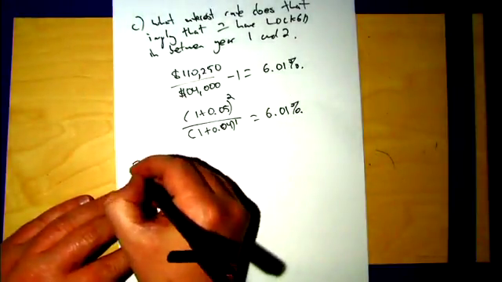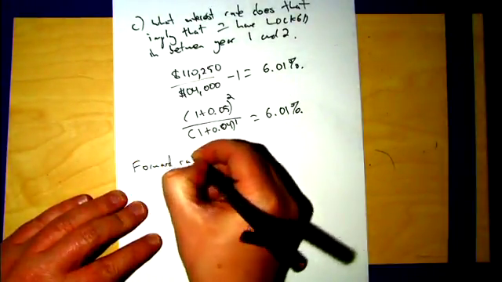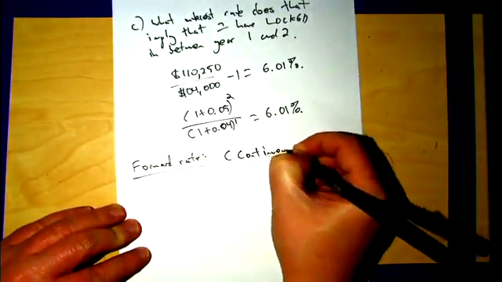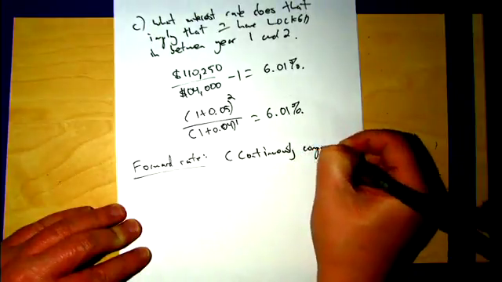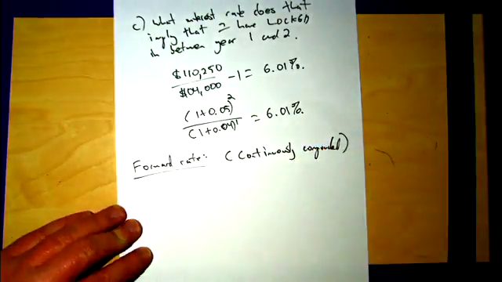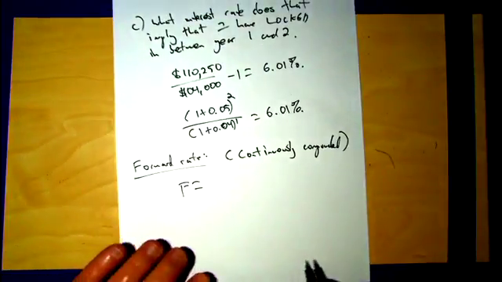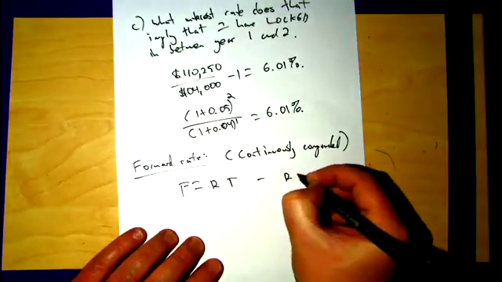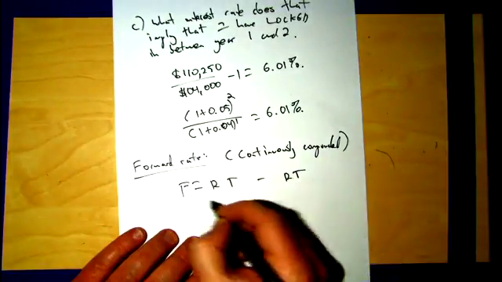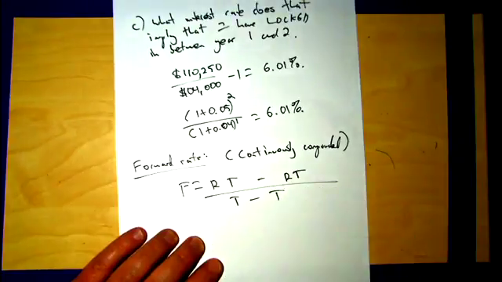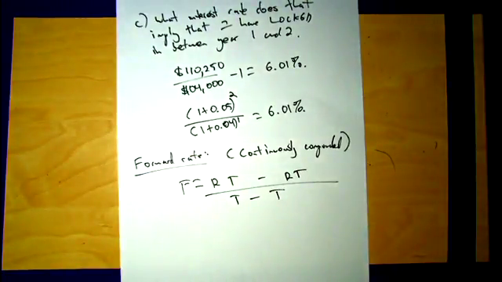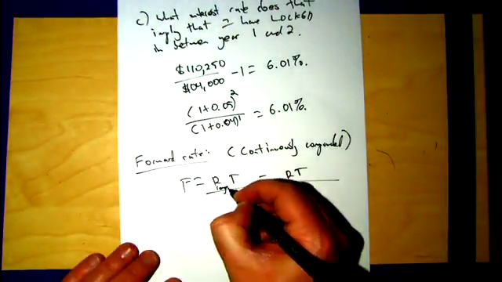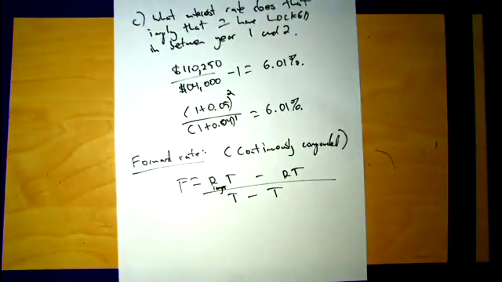Okay, so the formula for working out the forward rate with continuously compounded rates is equal to essentially the rate times the number of years, where this rate here is going to be the longer time period interest rate.